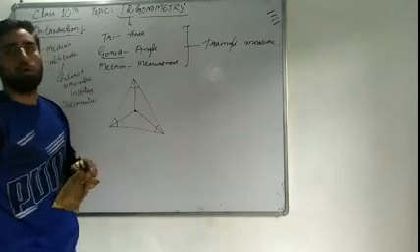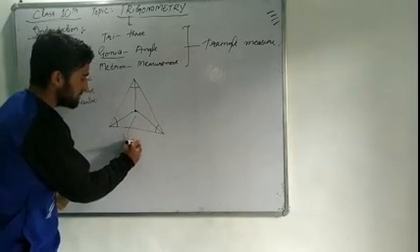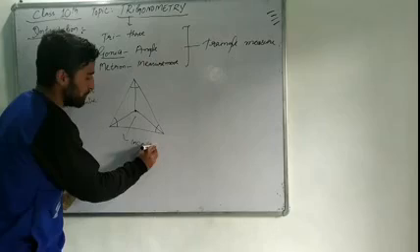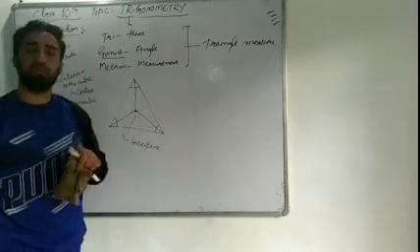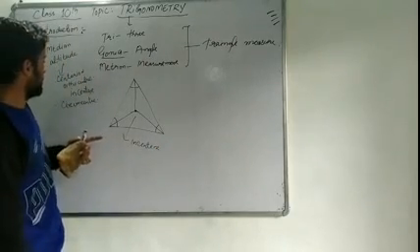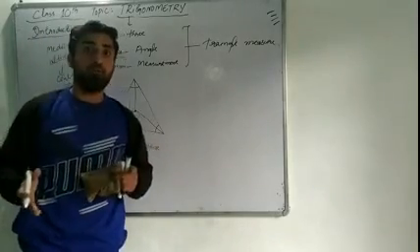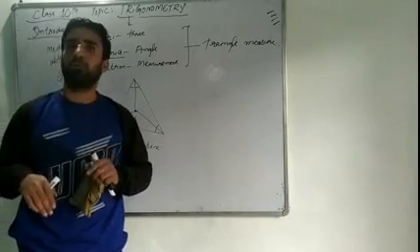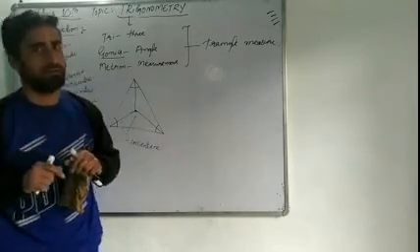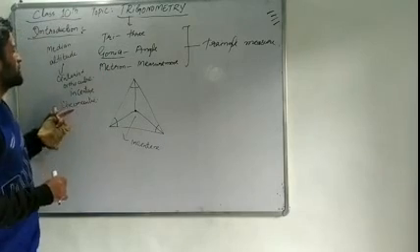That point is called the incenter of a triangle. So incenter is simply the point of intersection of the angle bisectors of a triangle. And the circumcenter is the point of intersection of the perpendicular bisectors of a triangle. So these are some worthy points related to a triangle.